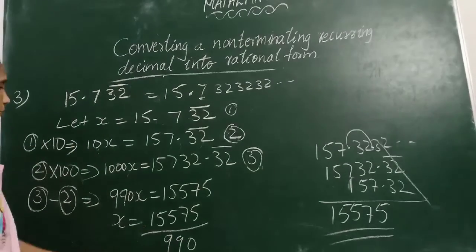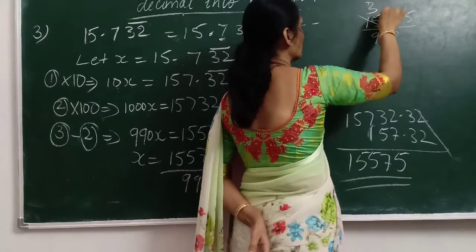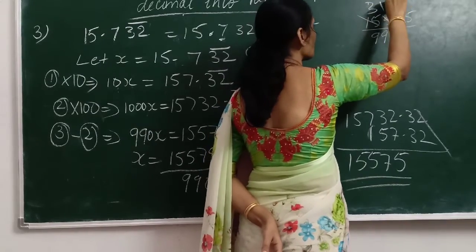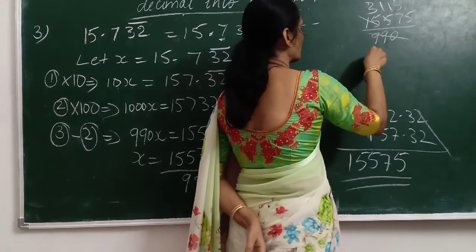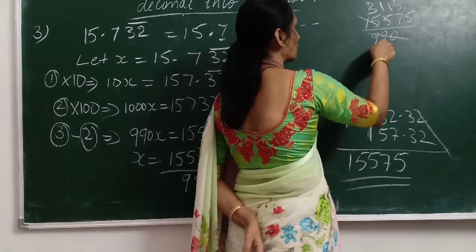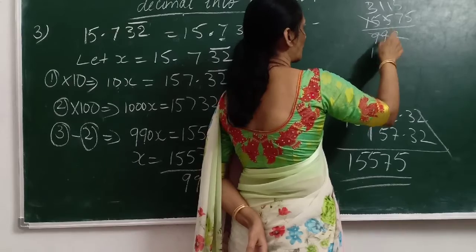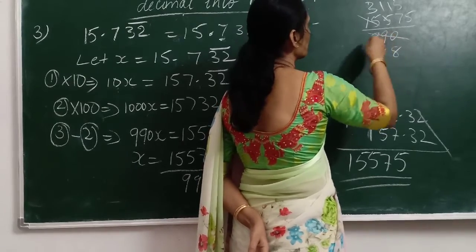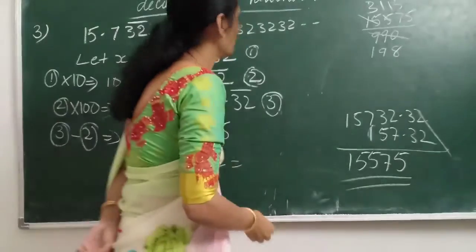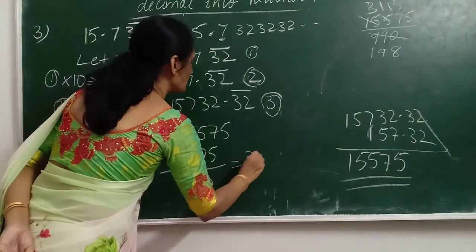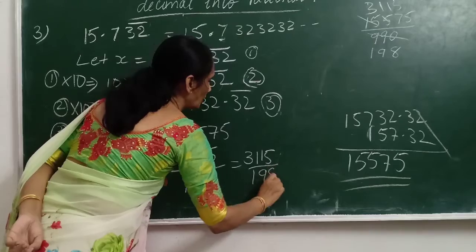If it is possible to make it to lowest terms, we have to do it. 5 threes are 15, 5 ones are 5, 5 ones are 5, 2 balance, 5 fives are 25. 5 ones are 5, balance 4, 49, 5 nines are 45, balance 4, 40, 5 eights are 40. Again, is it possible? Okay, not possible. So the final answer is 3,115 by 198.